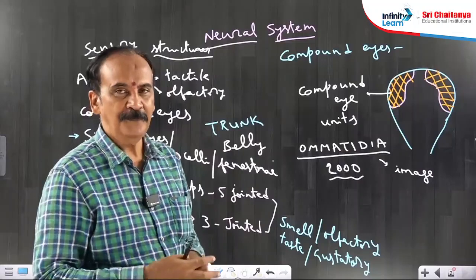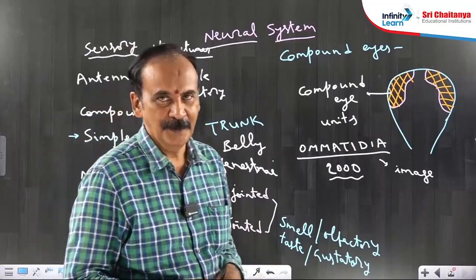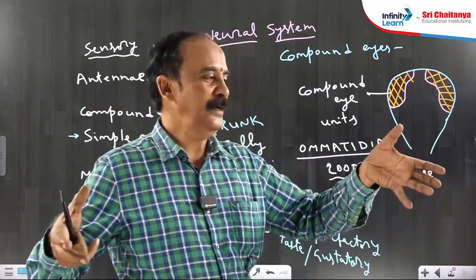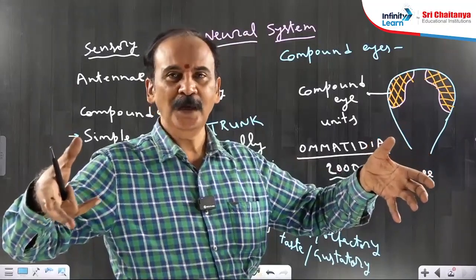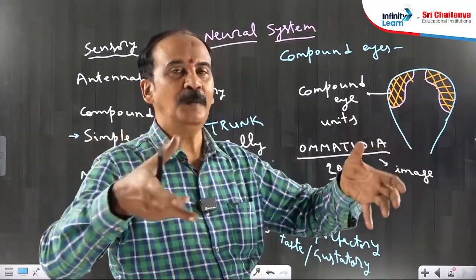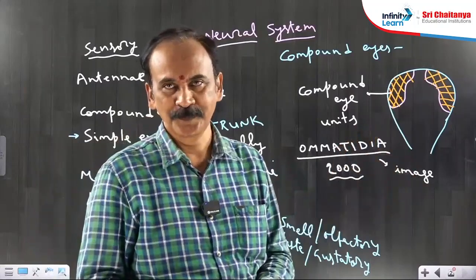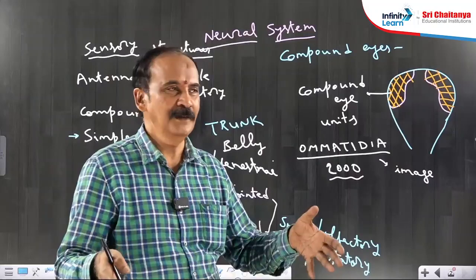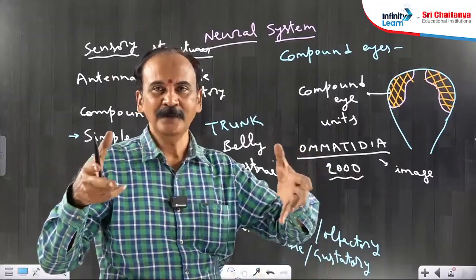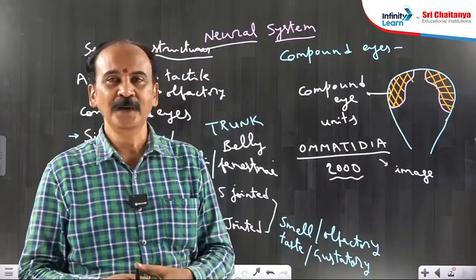So if you are in front of a cockroach, you have 2000 ommatidia focused from one compound eye. You have another 2000 ommatidia from the other eye focusing on you. Or rather, to understand it more easily, you have 4000 CCTV cameras focusing on us.